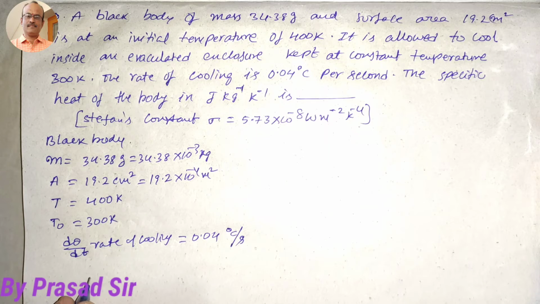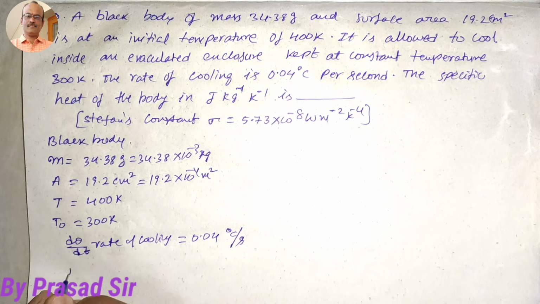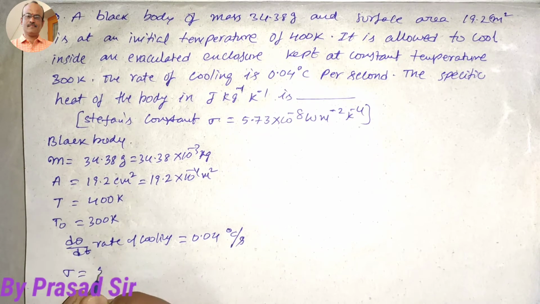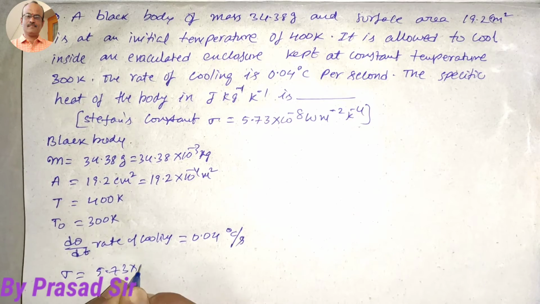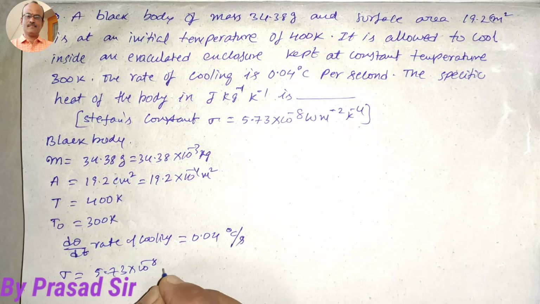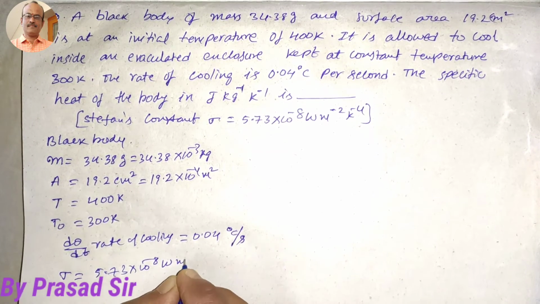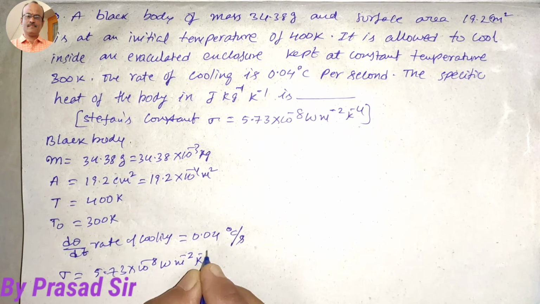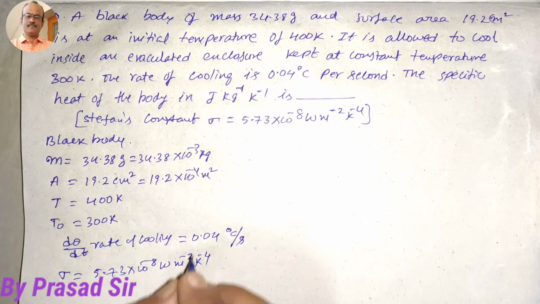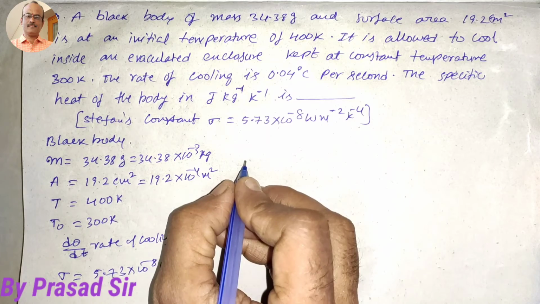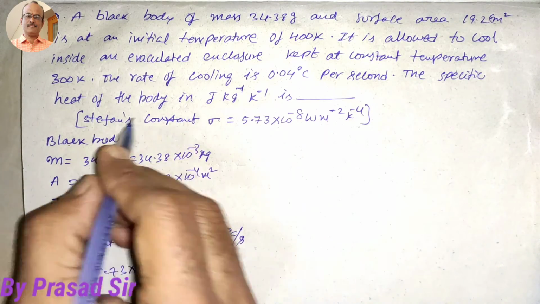Now here which one we want to calculate? Specific heat, and Stefan's constant is given, 5.73 into 10 to the power of minus 8 watt meter to the power of minus 2 K to the power of minus 4. So which one we want to calculate here? The specific heat of the body.